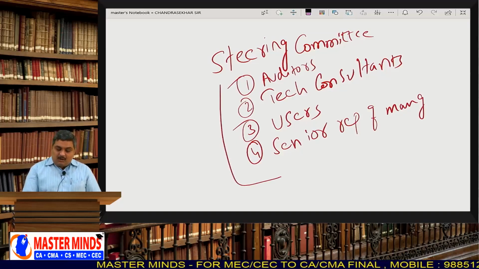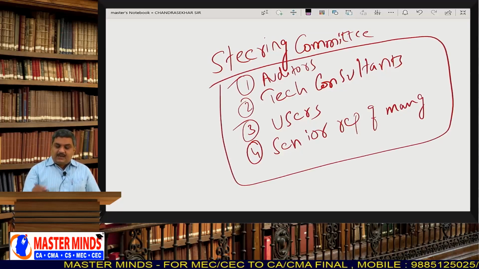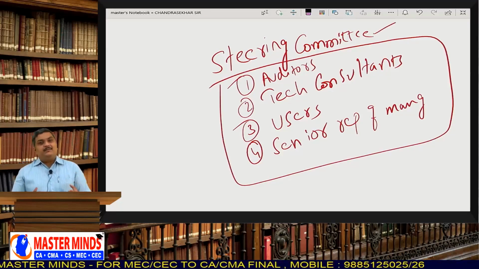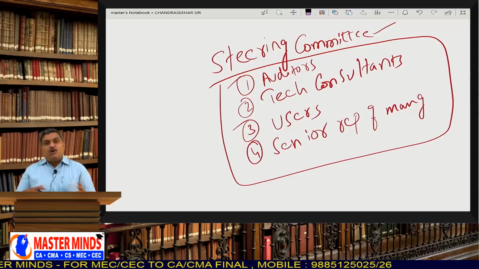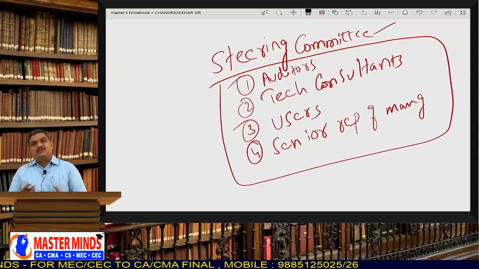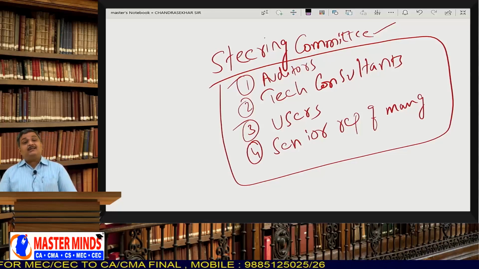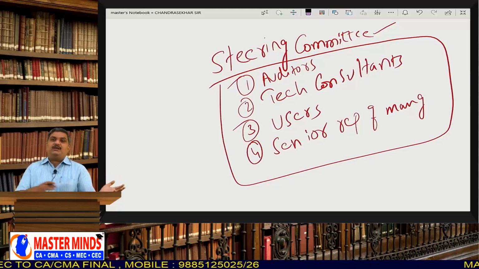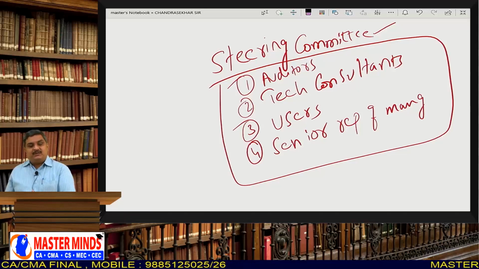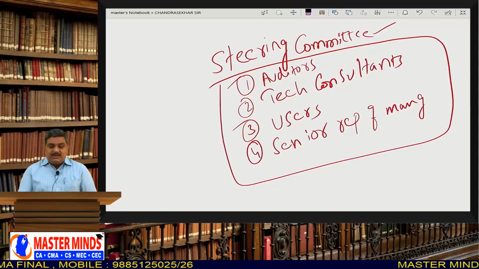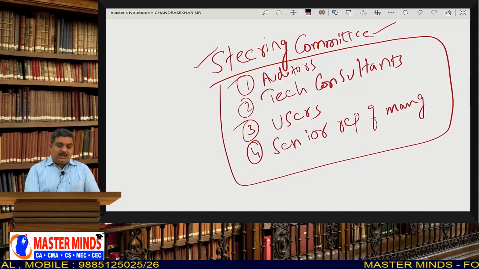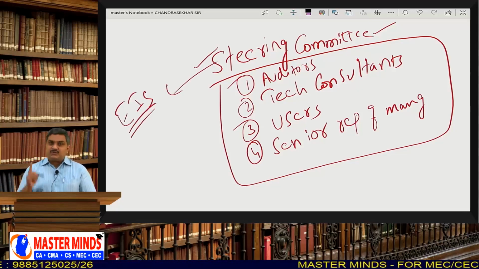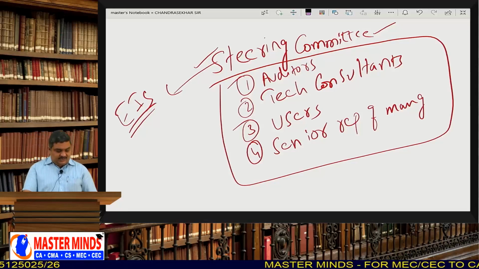By all these people, a committee is formed. That is called a steering committee. That committee will regularly monitor the information system building process, and it will act as a bridge between the top level management and the users. So this steering committee plays a very, very important role in enterprise information systems. That is the first point you need to understand.